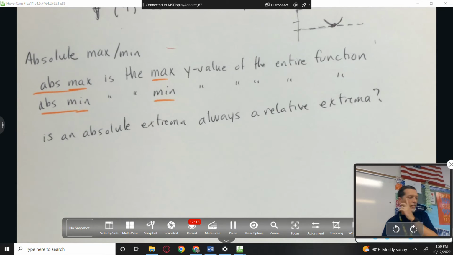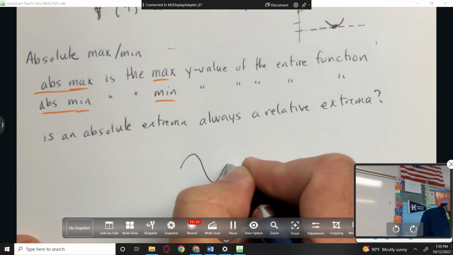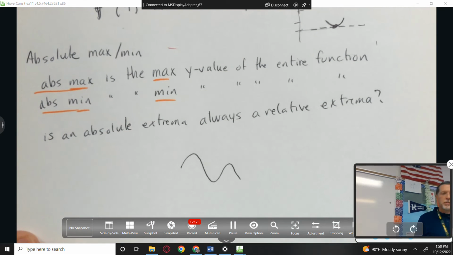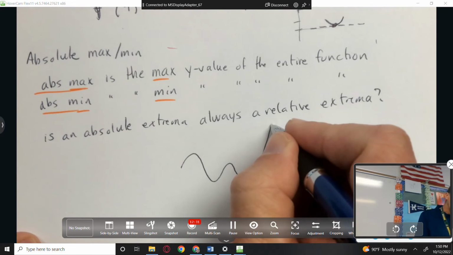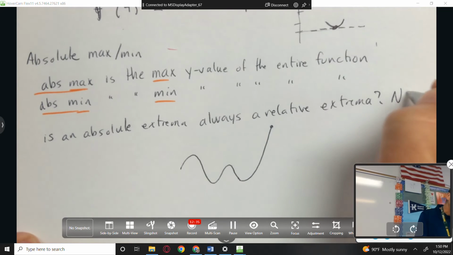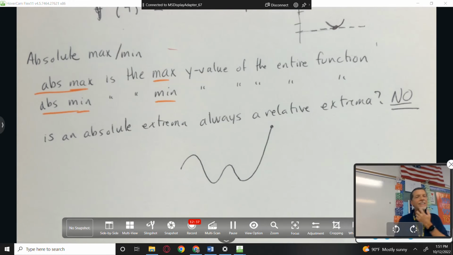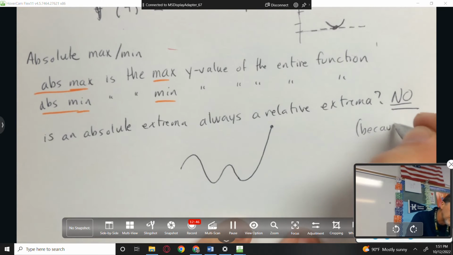You can definitely have relative extrema that aren't the top extreme, that's not the absolute max. Here's the trick. The answer to this question is still no, because the endpoints are not relative extrema. No, because endpoints.